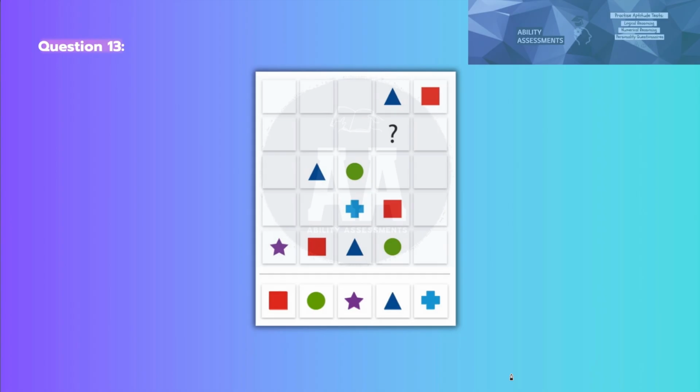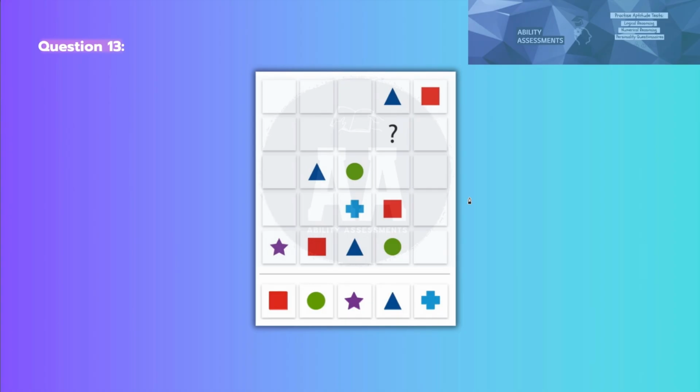Number two, eliminate shapes based on the column and the row of the question mark. And then finally, number three, deduce the missing shape. So let's go through this step by step so that it's very clear how it can be solved.